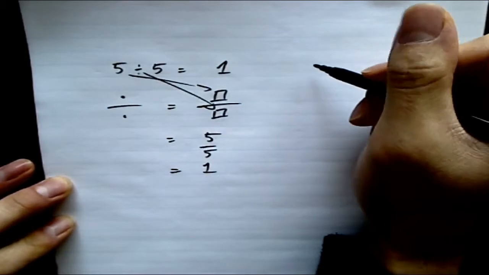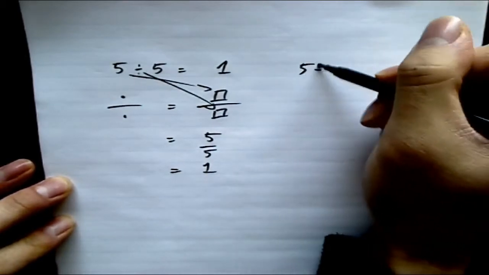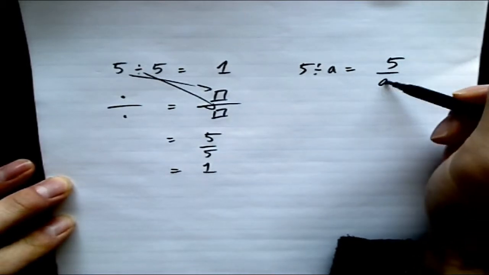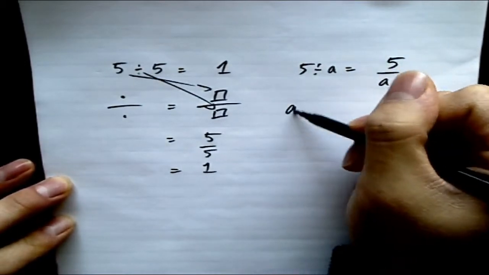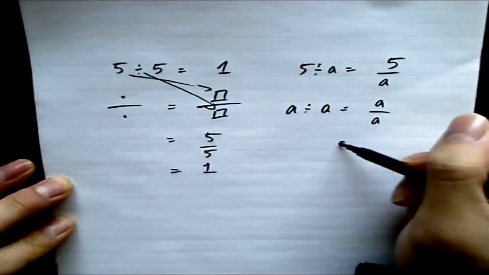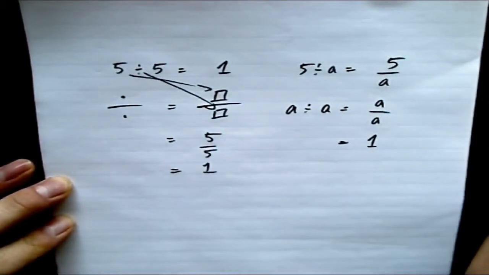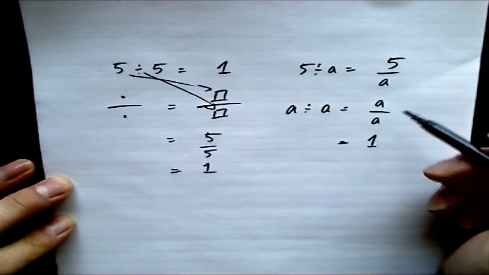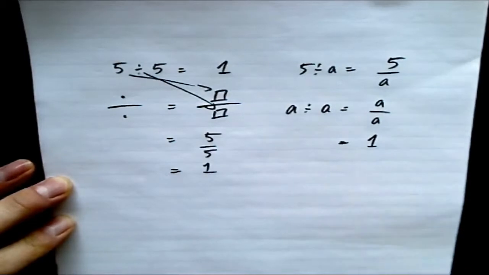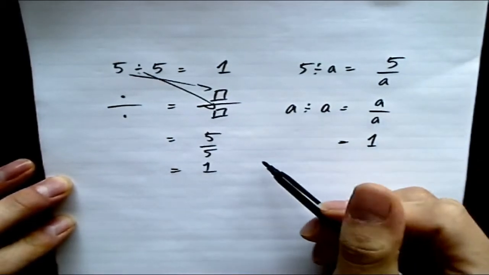I can do the same for letters. And if I ever decide to do this, that will also go back to 1. Because anything divided by itself will go back to 1. I could try this as well.